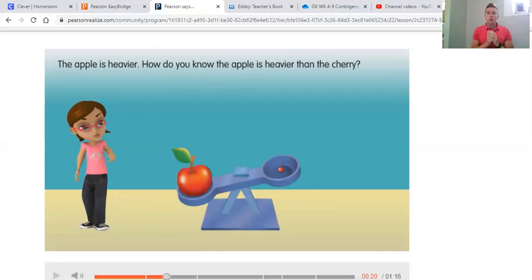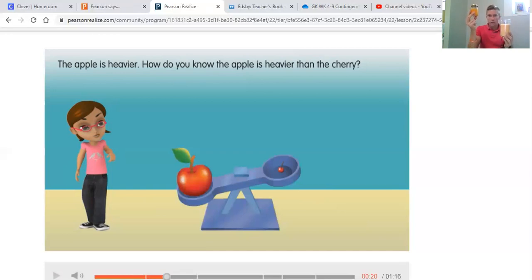But we also know that with this balance, if it was the same weight, the scale would be like this, even. But because one side is heavier and it's down here, that's how you can tell. If I had these two candles on a scale, you know I like to use these candles, they would not be the same, because the scale would not be like this.